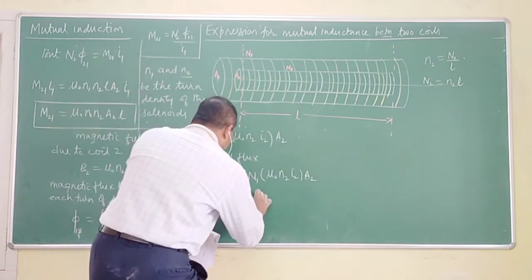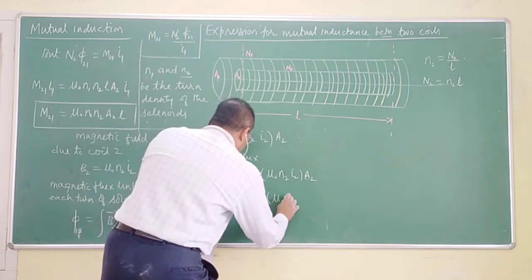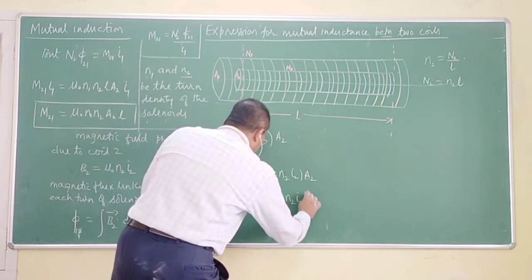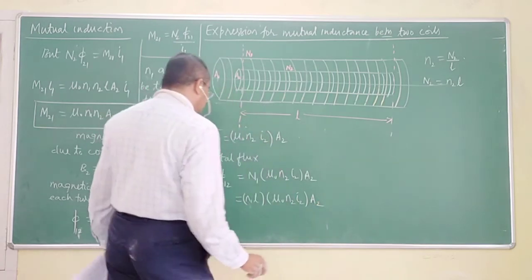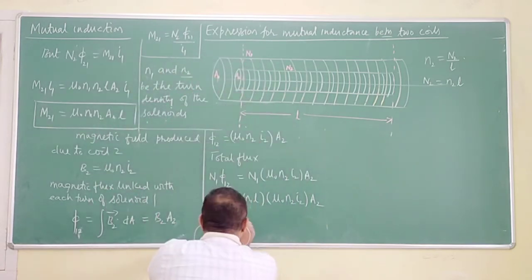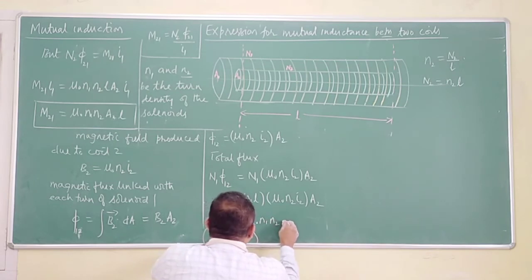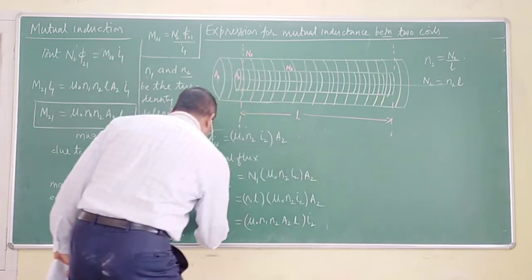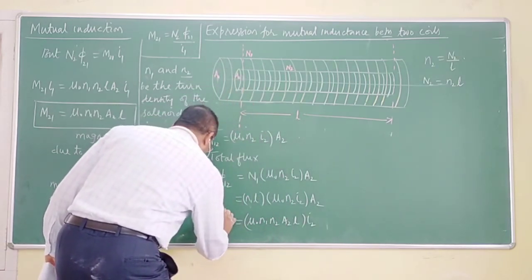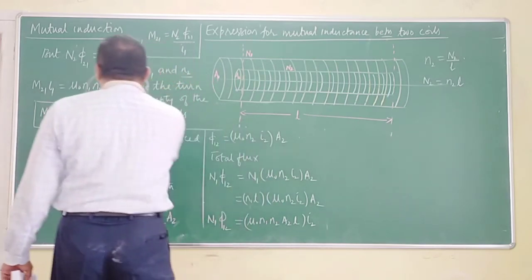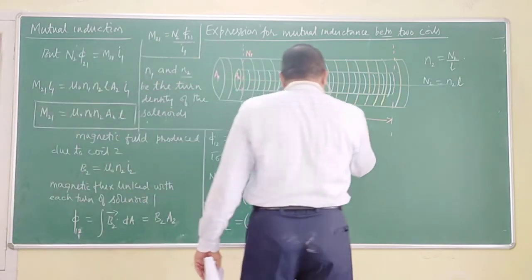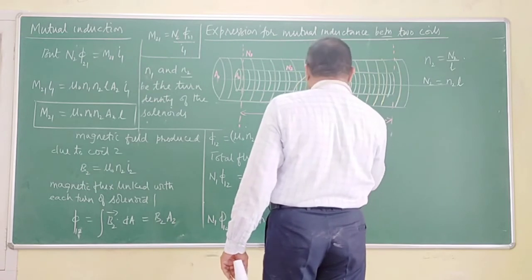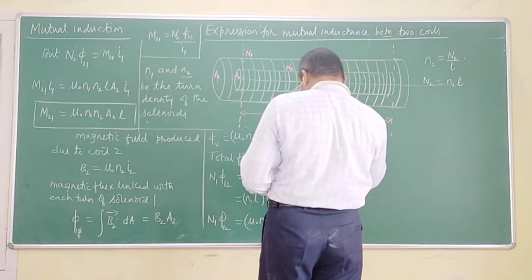This can be written as n1 L into mu naught n2 I2 into A2. This is equal to mu naught n1 n2 A2 into L into I2. Okay, this is N1 phi 12. Is that okay to you, sir?